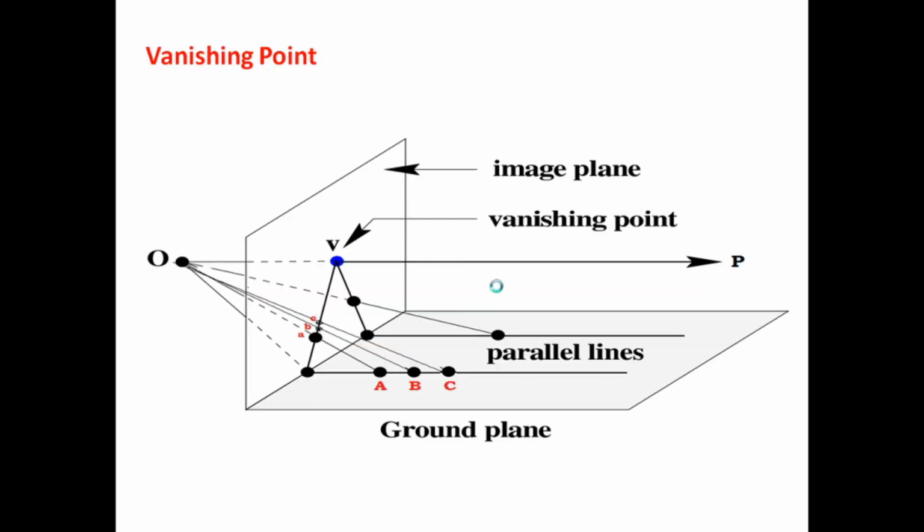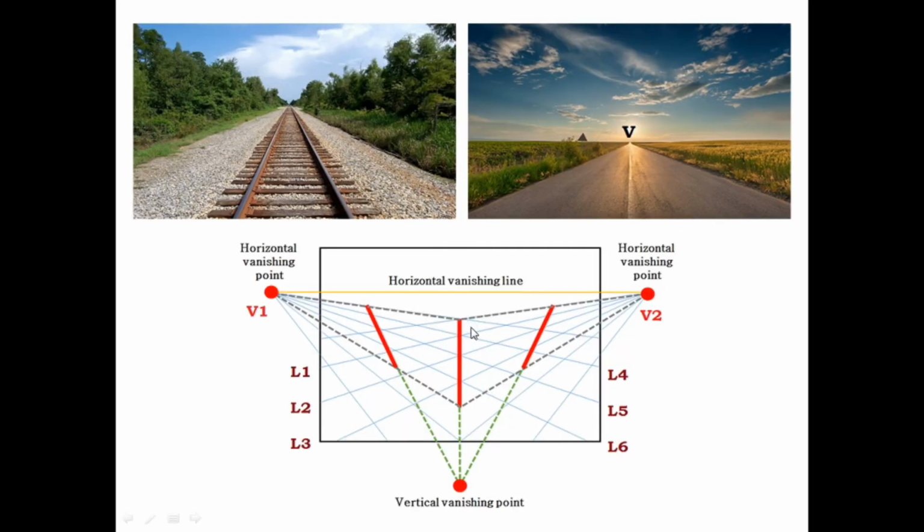That means the ray from the center of projection to V is parallel to the ground lines. The best examples of vanishing points are railway tracks, or a road like this, where a person standing at the center of the road or of the parallel tracks will have the vanishing point at the center of the image plane. Okay, so this is my vanishing point here, and the same vanishing point can also be observed here.